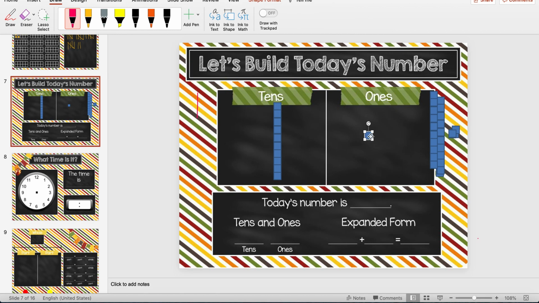Let's keep going. 12, 13, 14, 15, 16, 17, 18. So how many 10s do I have? 1. How many 1s do I have? Ooh. Let's see. Remember, we're going to set it up like it's on a 10 frame. And we have 8. So we have 1 10 and 8 1s.